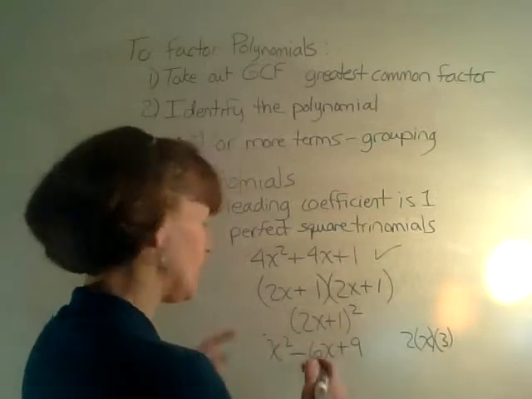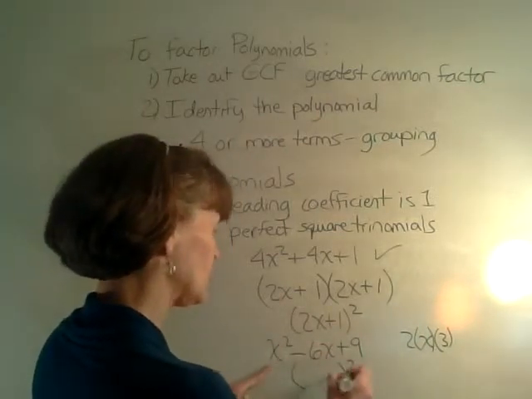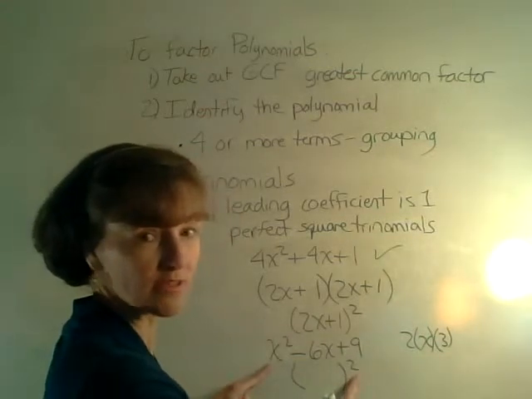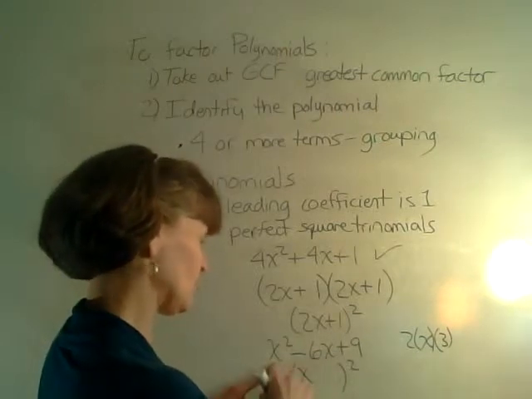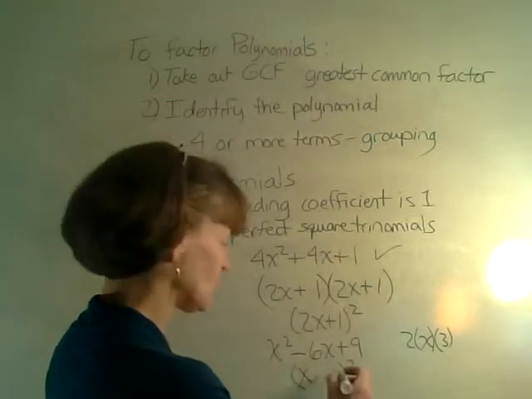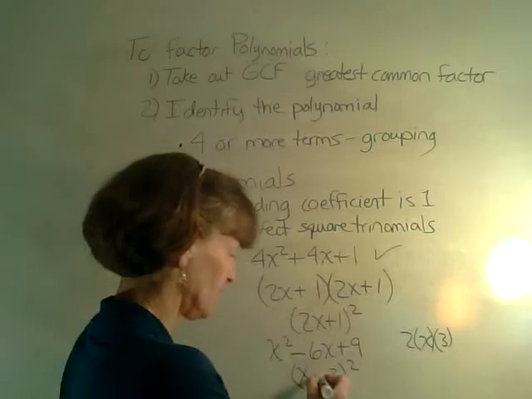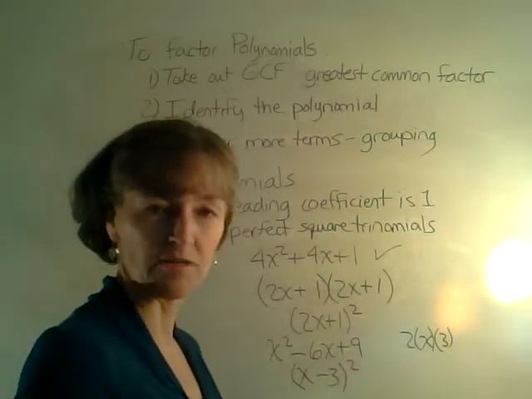So remember that when I factor it, my factors are going to be identical, so I really only have to write it once and put a squared out here because they're both the same. The first term of my factor is the square root of the first term, which is x. The last term is the square root of the last term, which is 3. And it gets the sign of the middle term, x minus 3. So this is x minus 3 times x minus 3.